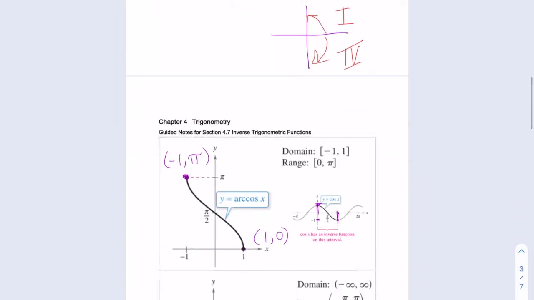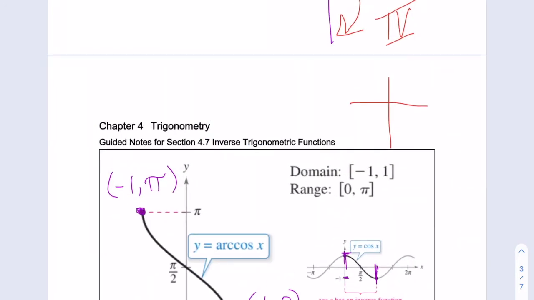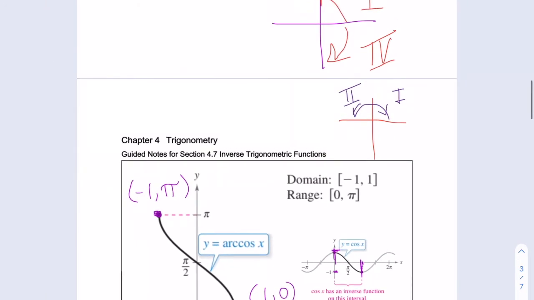For cosine, we're going from 0 to pi, so you're only looking at angles in the first and second quadrant. So only this area, only quadrants 1 and 2, are going to be the values that we use for the range of inverse cosine.